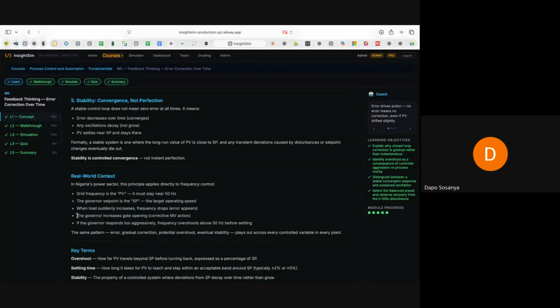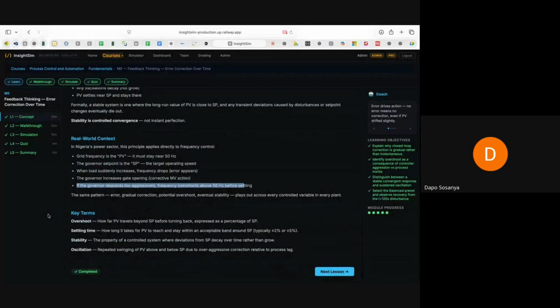The governor will increase the gate opening, which is a corrective action. If the governor responds too aggressively, the frequency overshoots above 50 hertz before settling. So the same pattern: error, gradual correction, potential overshoot, then eventual stability.